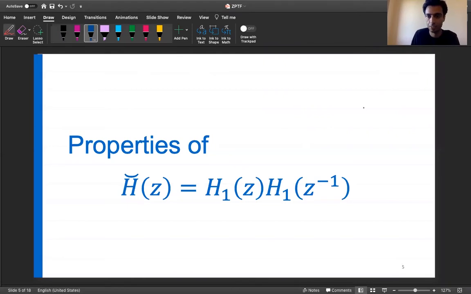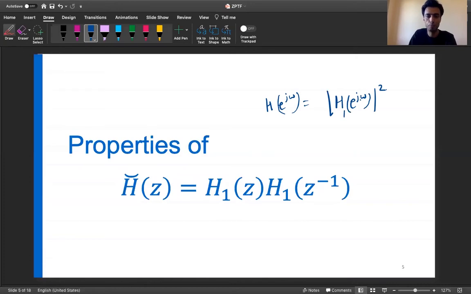Essentially, just to remind, what we had discussed is if my transfer function is of this form, right? Then the phase is 0 for all frequencies.